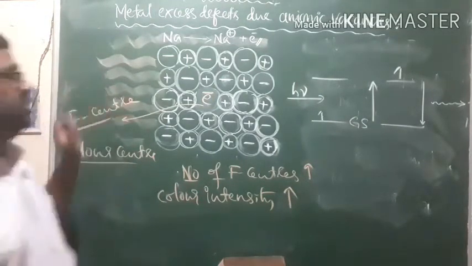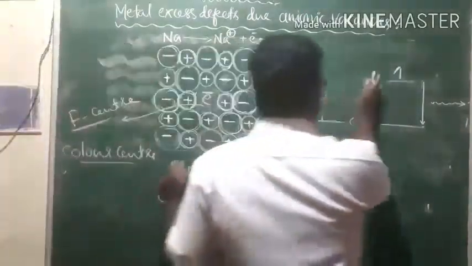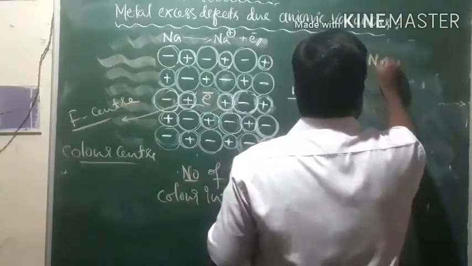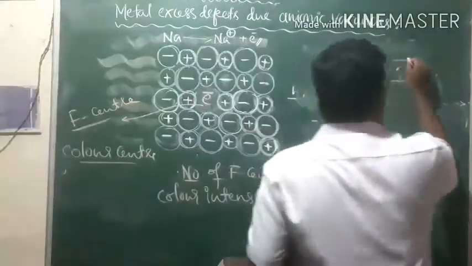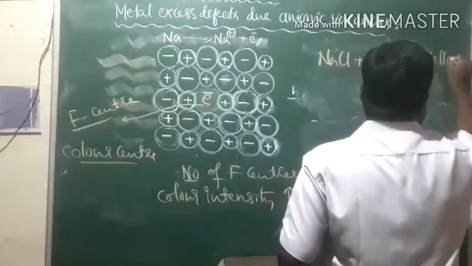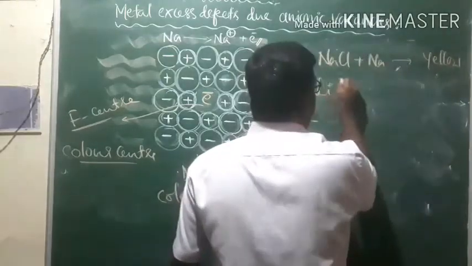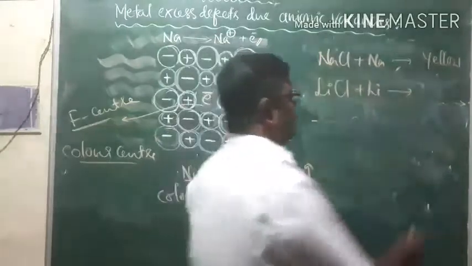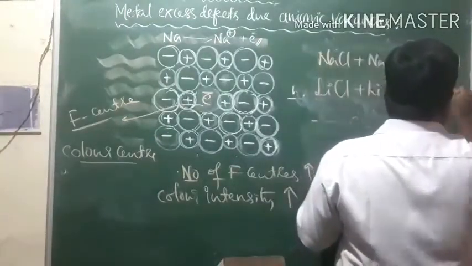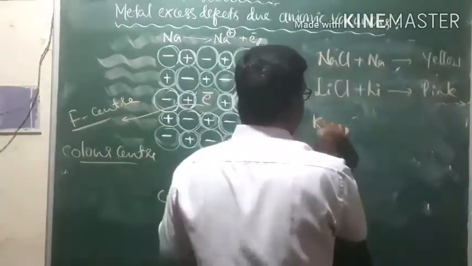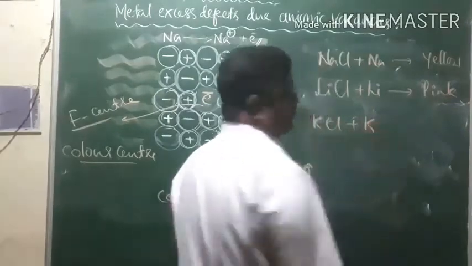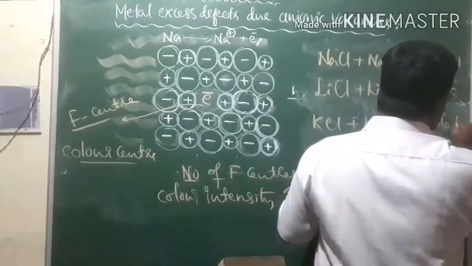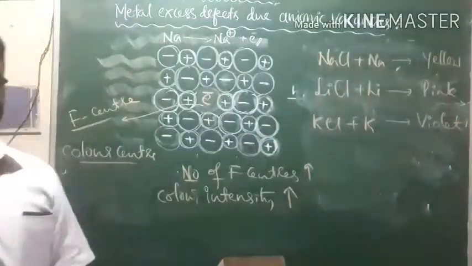As I said, when sodium chloride is heated in an atmosphere of sodium metal vapors, it becomes yellow. Similarly, when lithium chloride is heated in an atmosphere of lithium metal vapors, it will get a pink color. When potassium chloride is heated in an atmosphere of potassium vapors, it will get a violet color. These are the consequences of F centers.